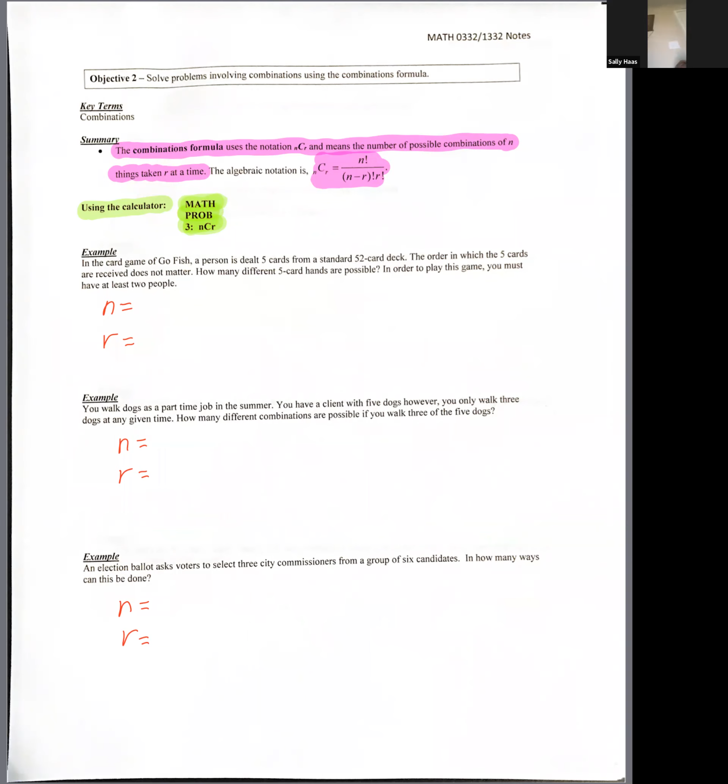With combinations, we said that the order doesn't matter. So if somebody says chocolate then vanilla, or vanilla then chocolate, this is really only one combination, because the order doesn't matter when you talk about combinations. So check out the denominator here.